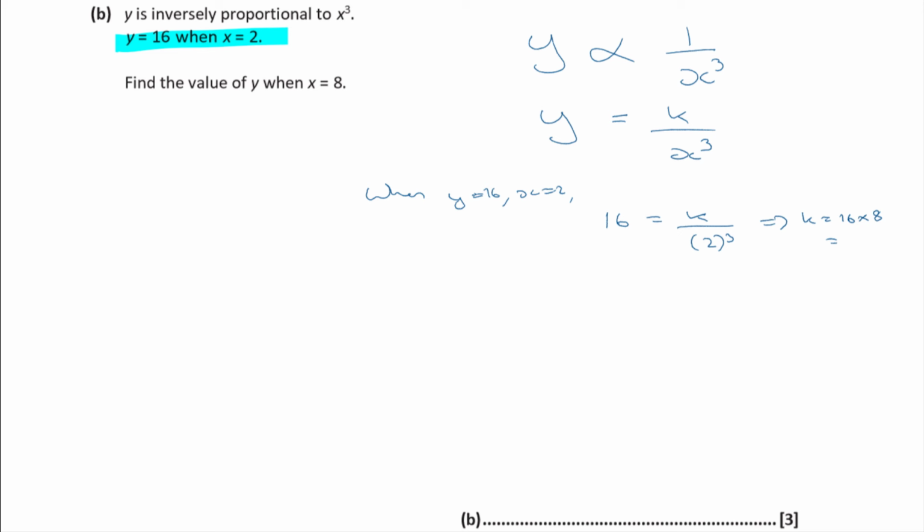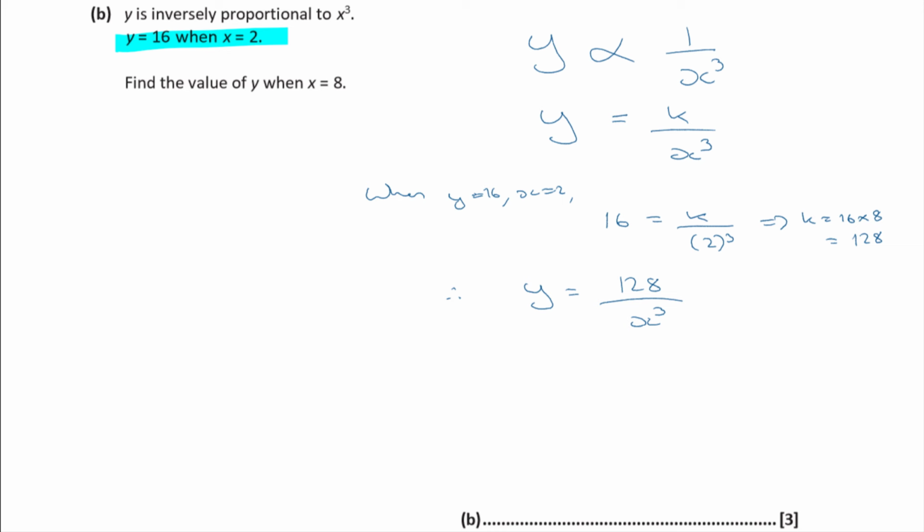What's 16 times 8? Apparently that's 128. So k is 128. Therefore, the equation linking y and x is y equals 128 over x cubed. Okay?